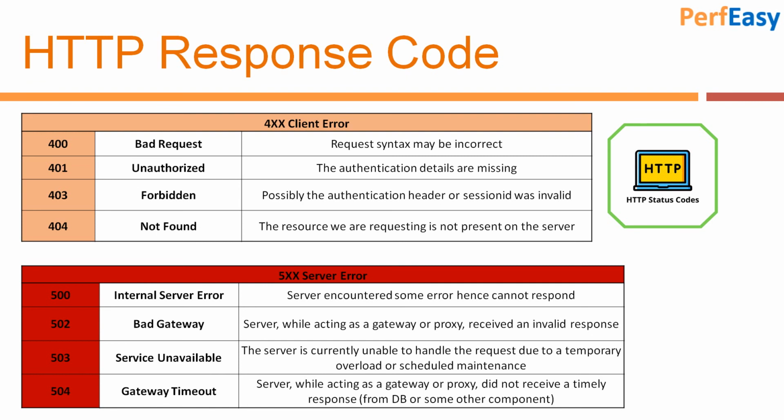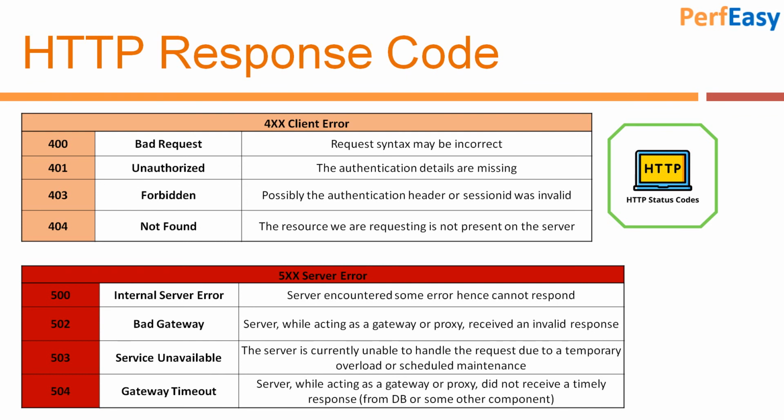The app server has some timeout values. It would wait for, let's say, 60 seconds or 300 seconds, whatever configuration we have done. It will wait for that much time for the DB to respond with the confirmation that yes, this registration is successful. Then only it can respond.